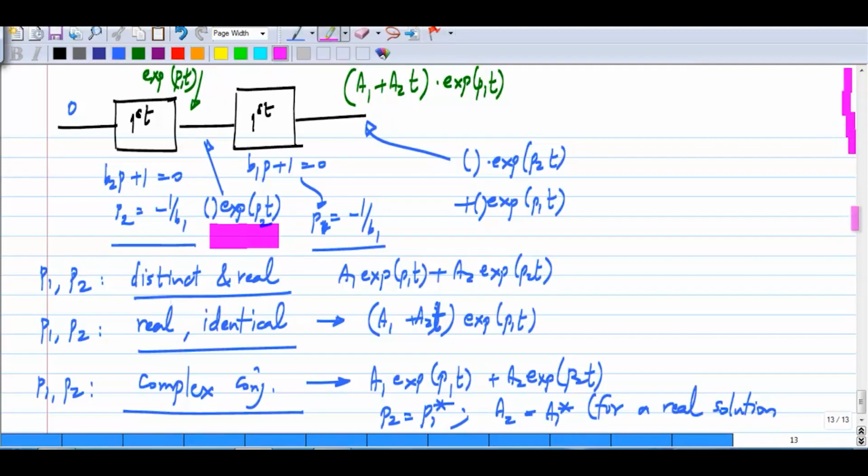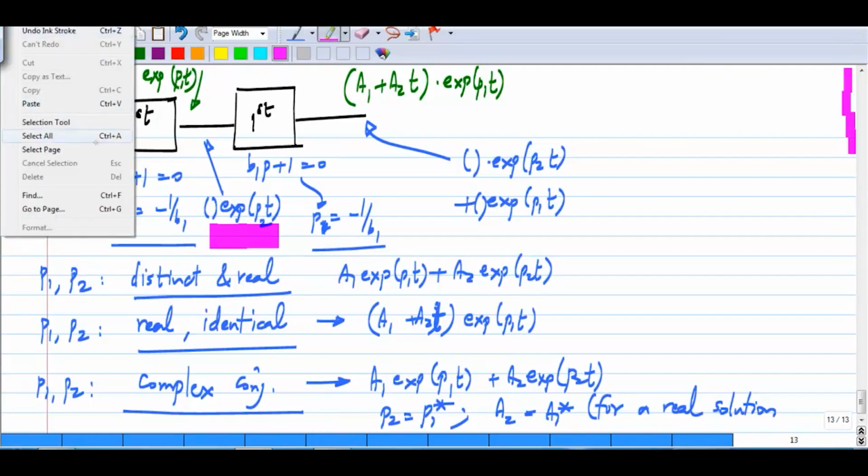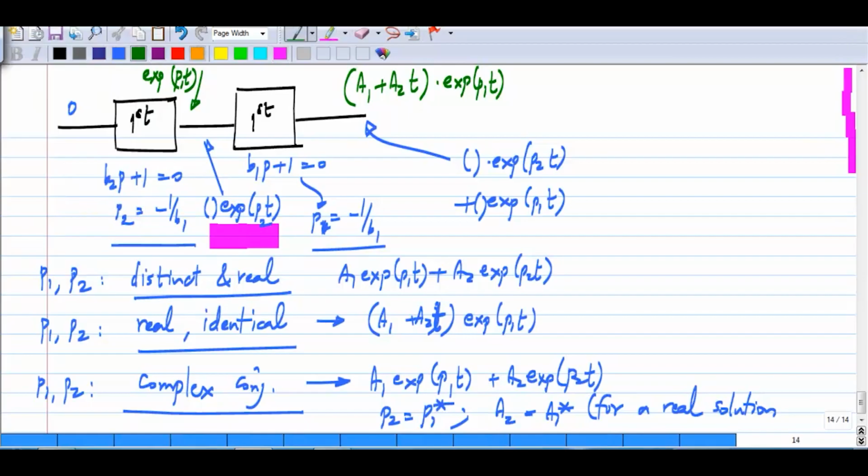Okay. Now let's consider the forced response, and let me again consider some exponential st as the input. Now you can imagine many different cases. First, I will take S different from P1, which is also different from P2. So they're all distinct. We get the total response to an exponential. So instead of exponential P2t, we would have got something times exponential st plus something times exponential P2t.